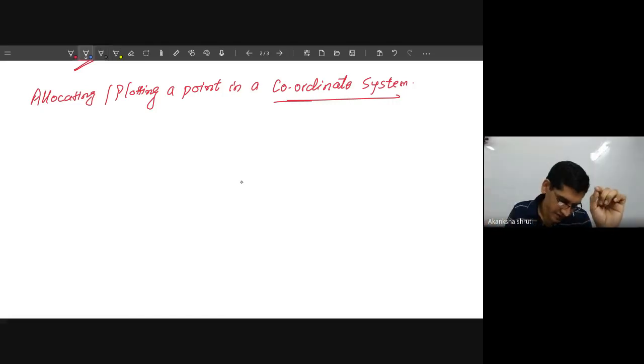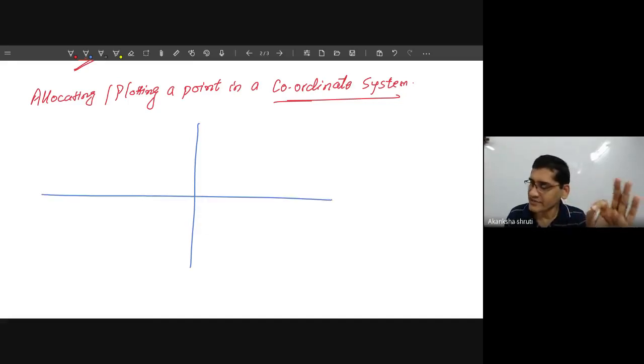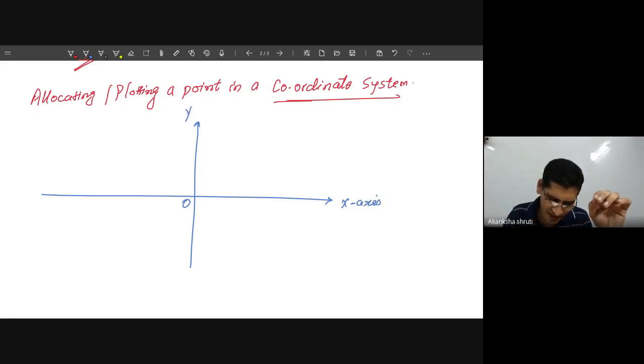You will be given a coordinate system where the two axes intersect at the origin. This horizontal line is called the x-axis. This vertical line is called the y-axis. For denoting this, on the positive end of the horizontal line write x, and on the negative end write x dash.